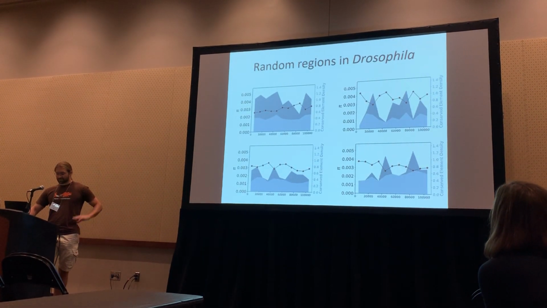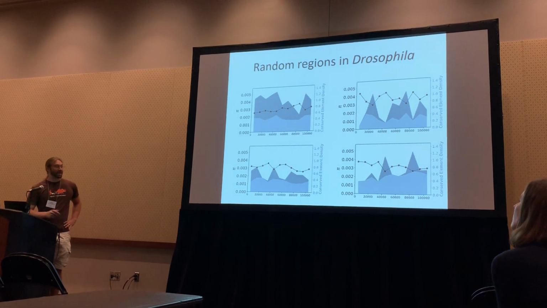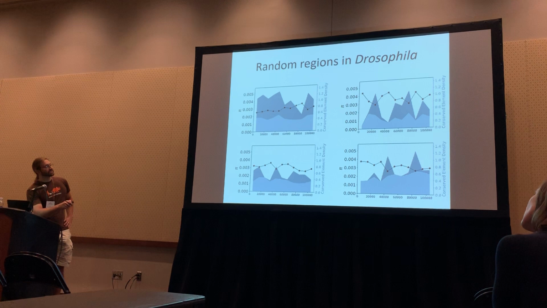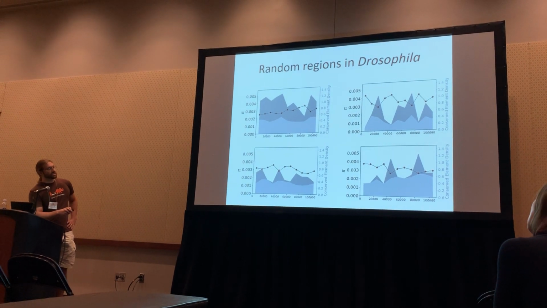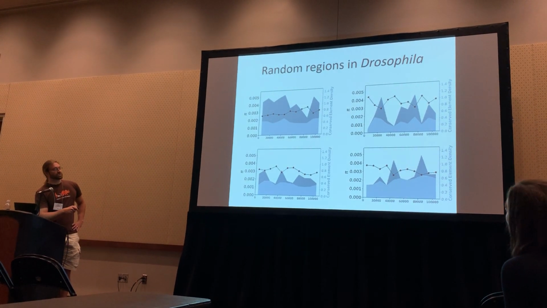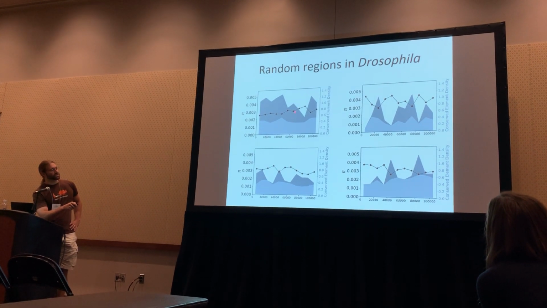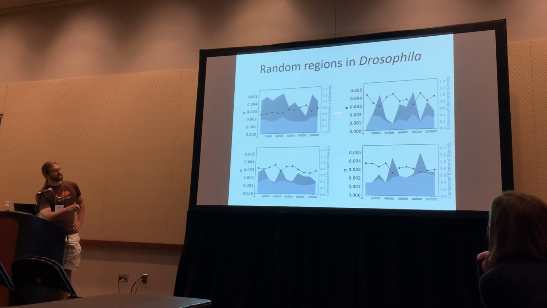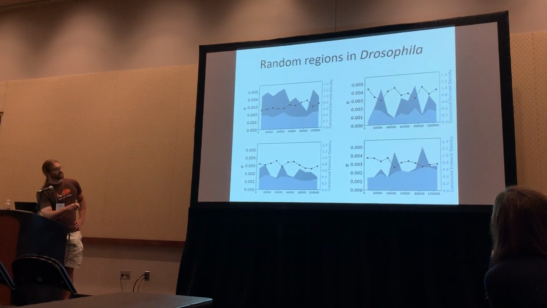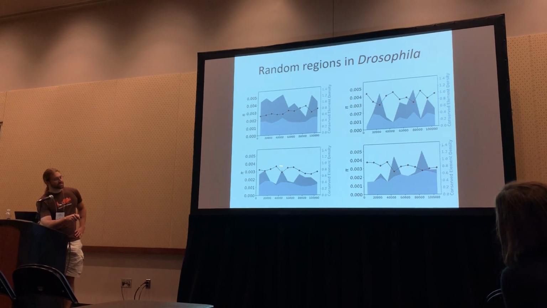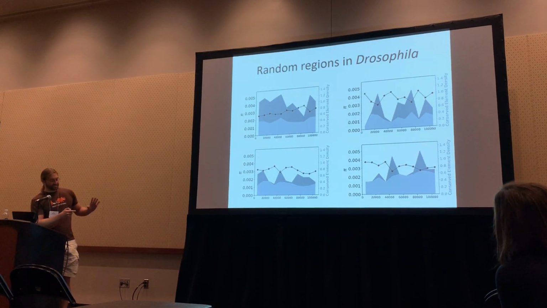So now we're going to look at a few random regions again, just looking at pi, and we can see that the density of conserved elements is much higher here. So negative selection is having a much larger effect on the diversity here. When we see spikes in the density of conserved elements, we see dips in diversity, and vice versa. So we get that nice correlation there.